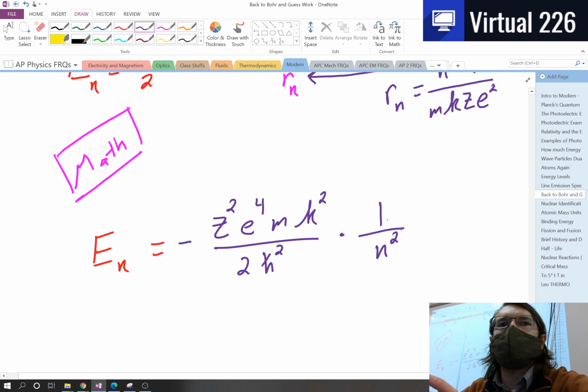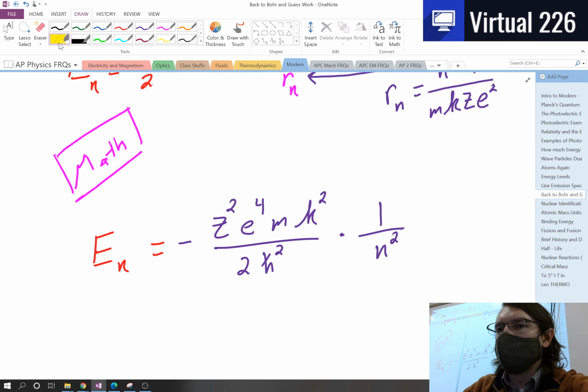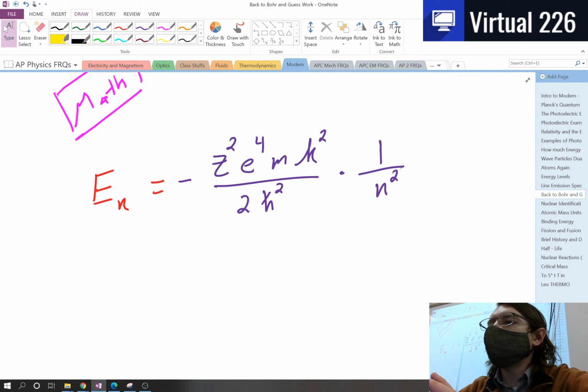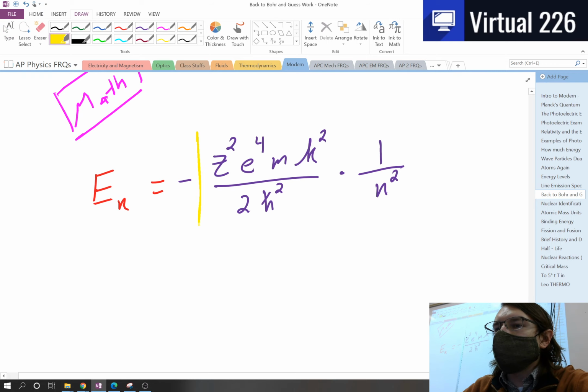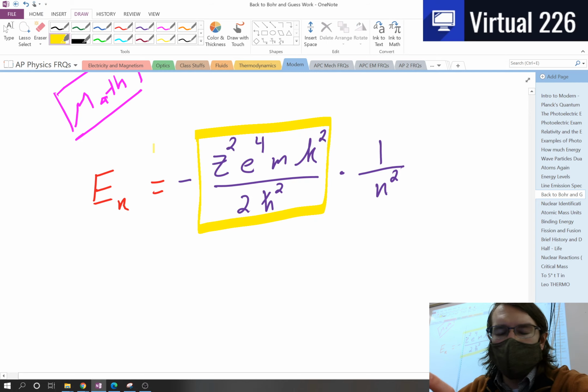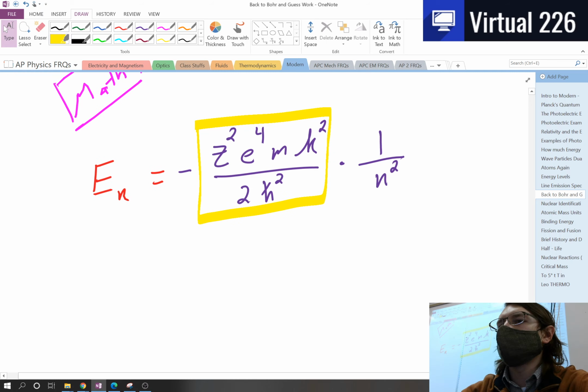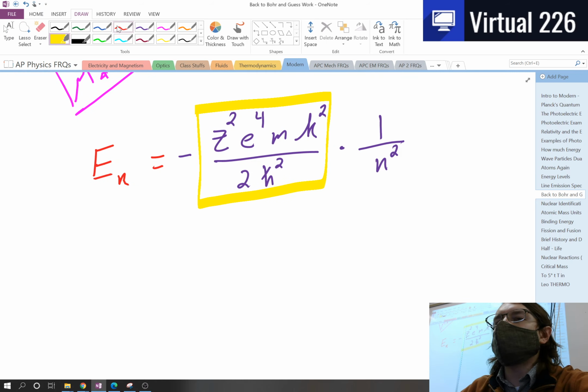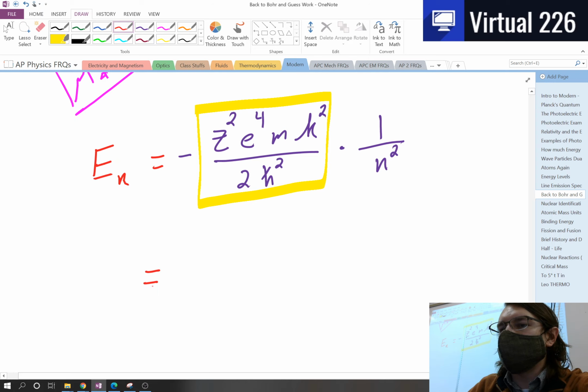Now, why did I write that in a slightly weird way? Well, Z, e, m, k, h bar, and the number 2 are all constants, so they go together. It turns out that if you put all of these constants together and convert them into electron volts, you get exactly negative 13.6 eV.